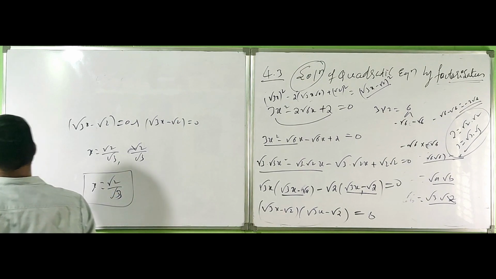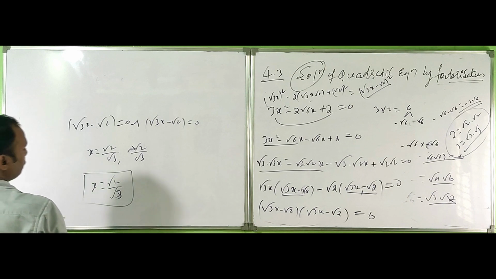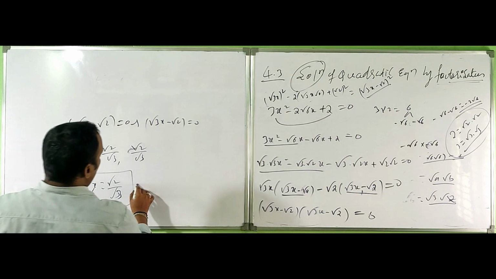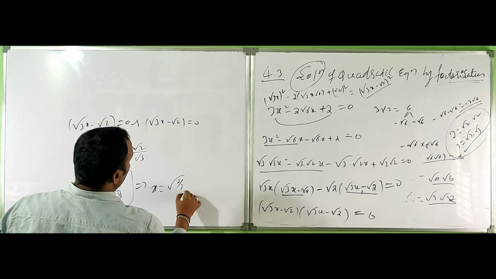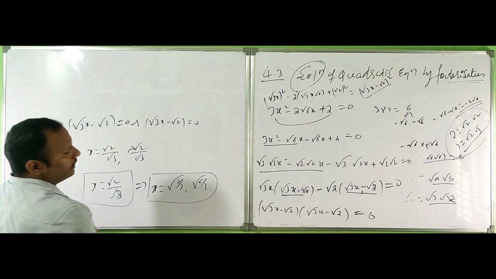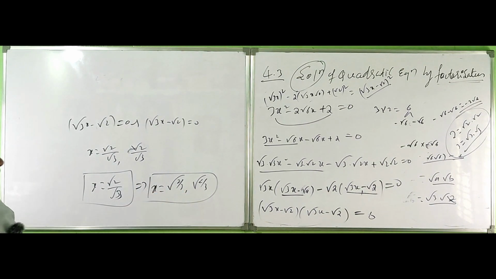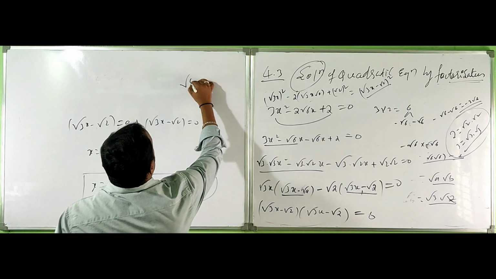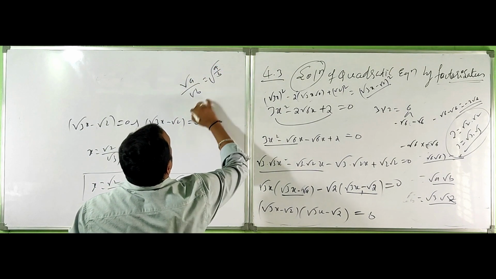This is the required value. Again, in the next condition they have given x is equal to root 2 by 3 and root 2 by 3. Two equations. These are the required conditions. Why? Because root of a by root of b is equal to root of a by b. Standard forms.